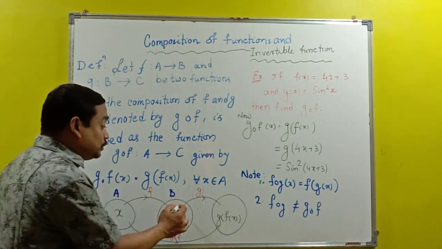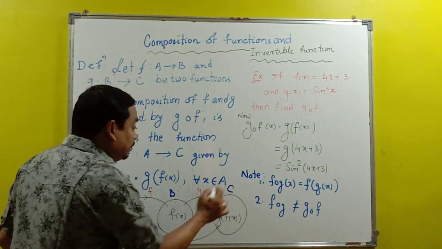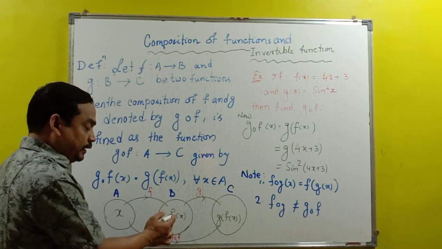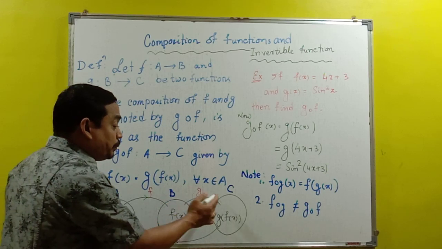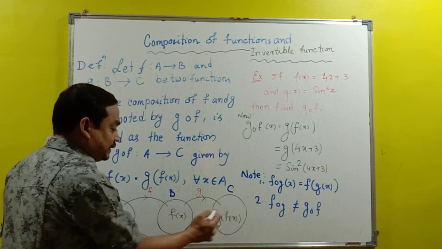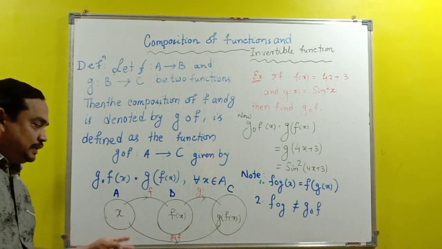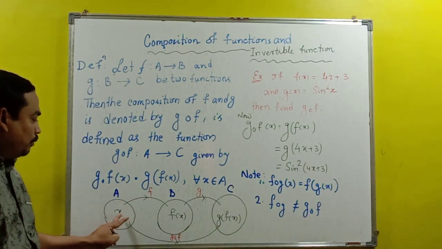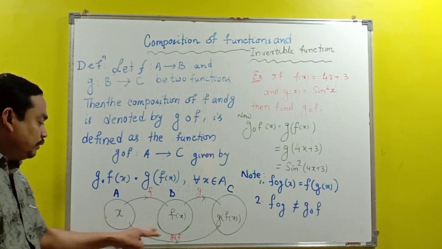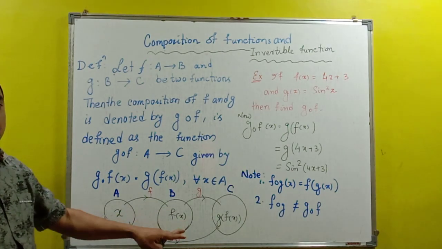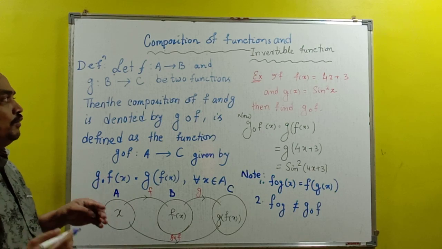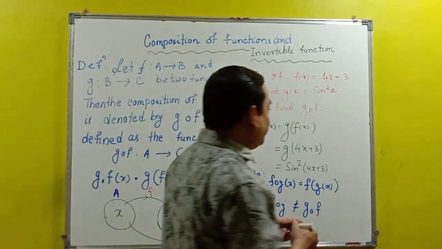Again, g is a function defined from B to C. Here the elements are in terms of f of x, and g is defined from f of x in B to C, that is g of f of x. If we omit this B, the direct function from A to C is nothing but gof. That is called the composition of function. Clear, everybody? Understood?